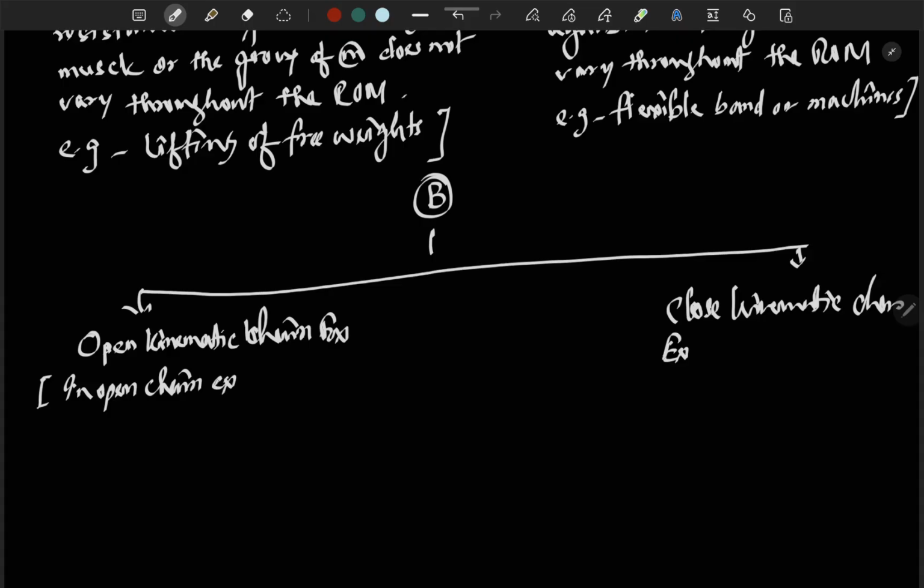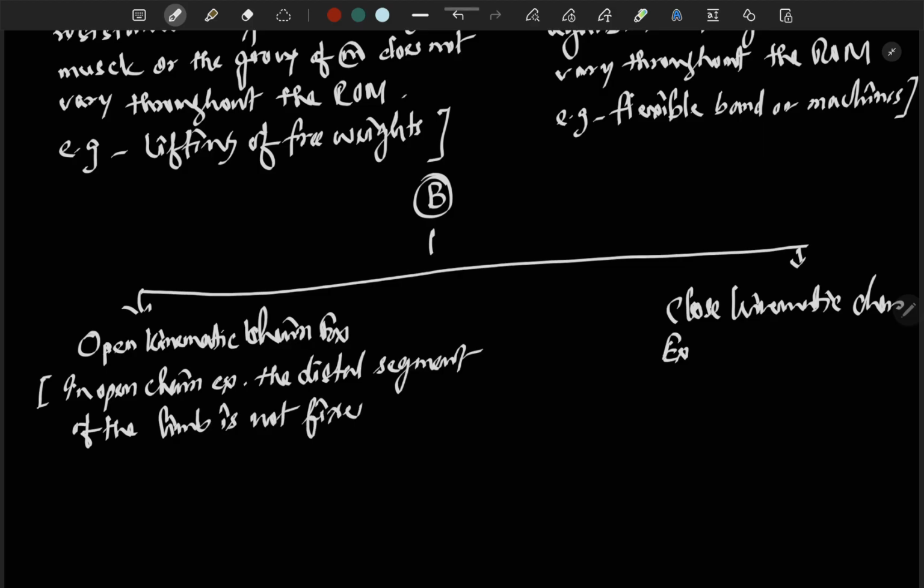In open chain exercise, the distal segment of the limb is not fixed.